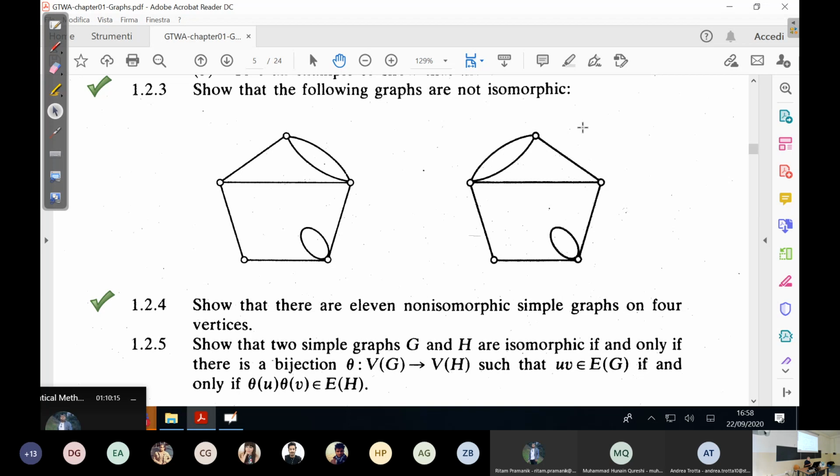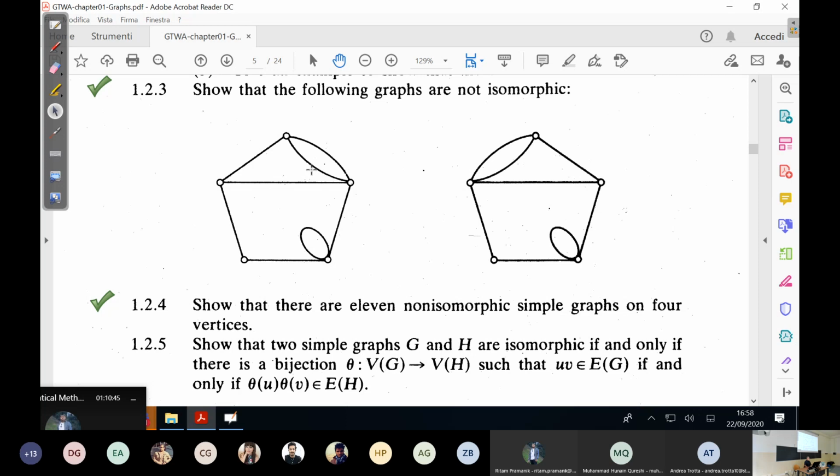And here we could have actually many possibilities, because I could choose to send the inner multiple edge to the inner multiple edge here, or to the outer multiple edge, to send the above vertex to the above vertex, or to send the above vertex to the down vertex, okay?